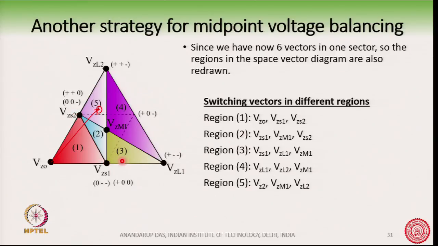For region 2, the enclosing vectors are Vzs1, Vzm1 and Vzs2 like this. For region 3, these are the 3 enclosing vectors. For region 4 these are the 3 enclosing vectors, and for region 5 these are the 3 enclosing space vectors, okay. And this is shown here.